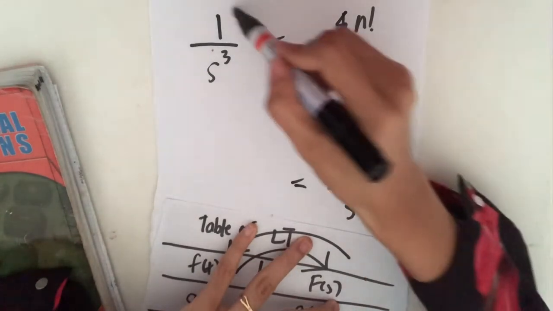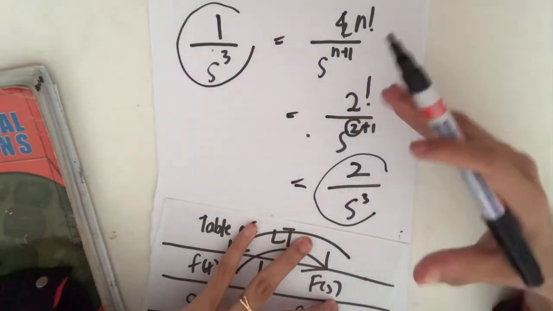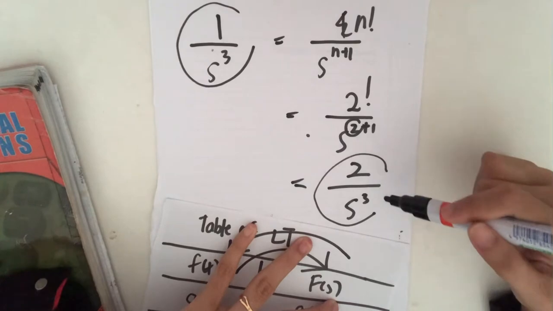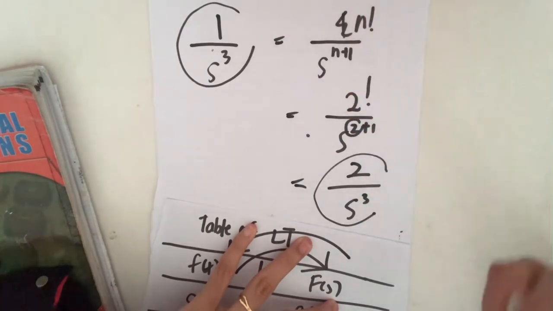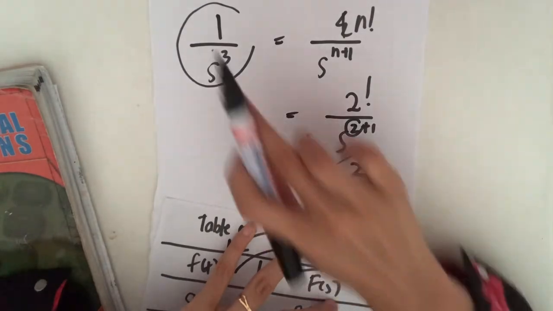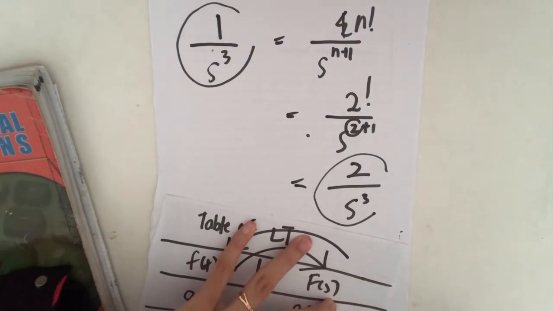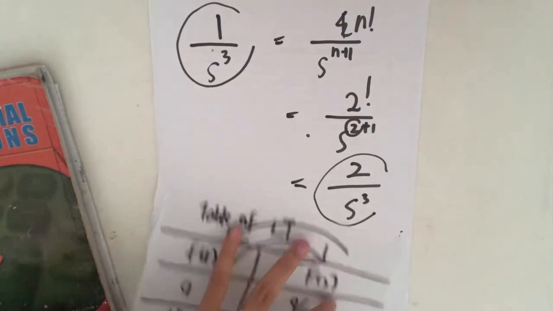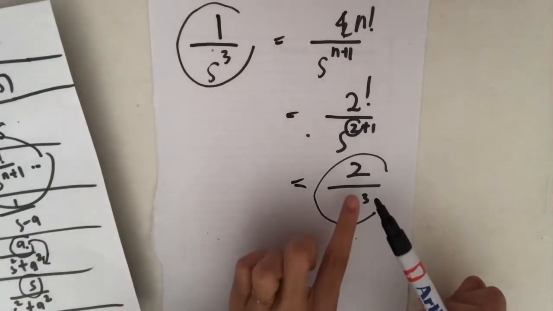This is your original, but this is the answer that you get from the table: 2 over s cubed. But your original question is 1 over s cubed. So how do we get back the original question? You need to make some adjustment, which means you need to apply multiplication with some number, same as we did just now. How do we get from 2 to 1?